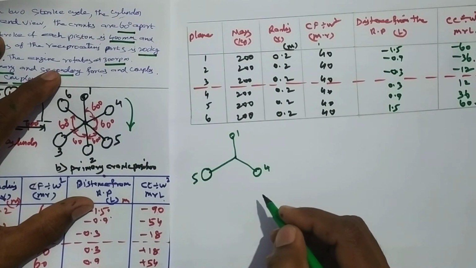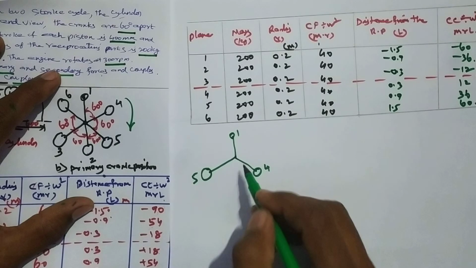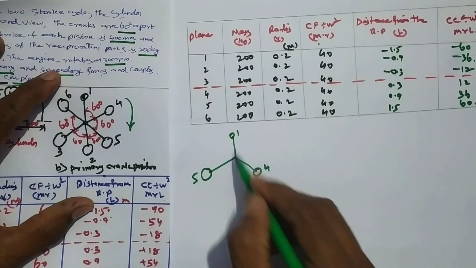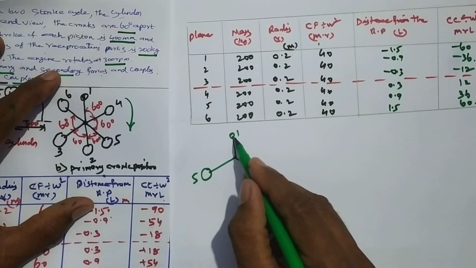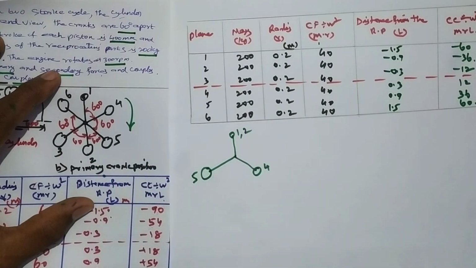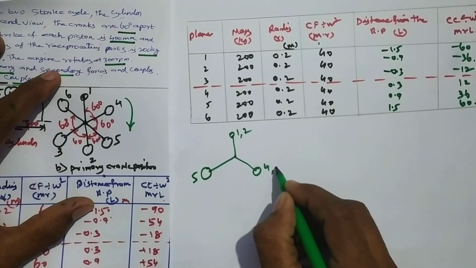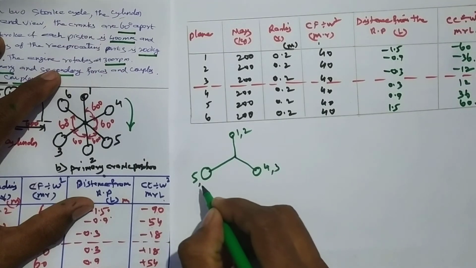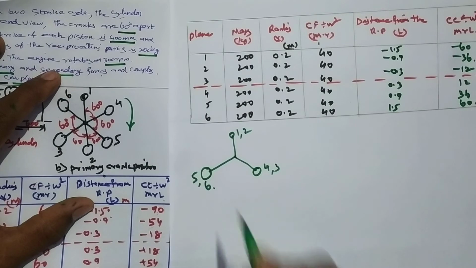Next, the second cylinder. The second cylinder is 180, according to this position. So 2 theta, again it is 360. It is 2 here, right? Then third cylinder here, then sixth cylinder here. That's it.